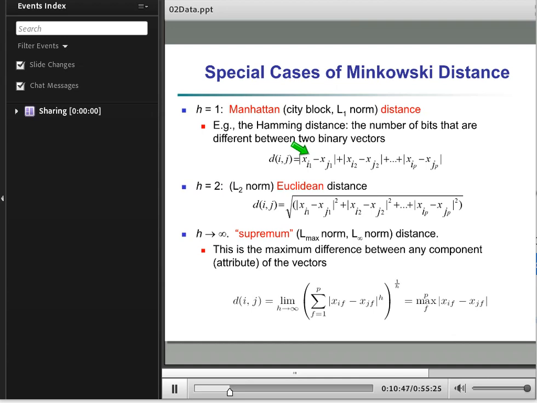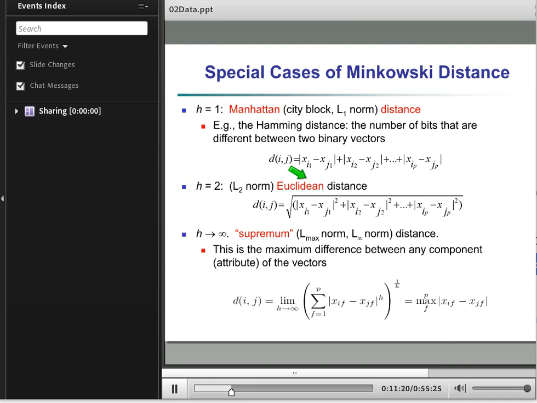Simply, we should find the absolute differences for data in each attribute and find the total distance, just summing these absolute values. This is Manhattan distance. It's something like Hamming distance. We call this the L1 norm for Minkowski distance.